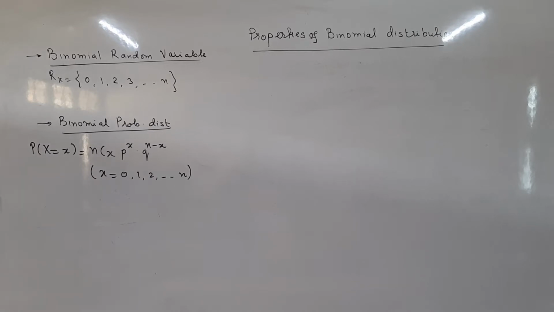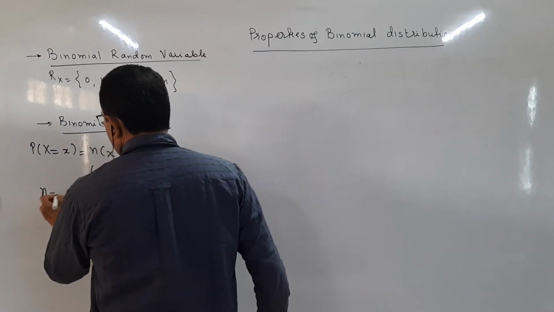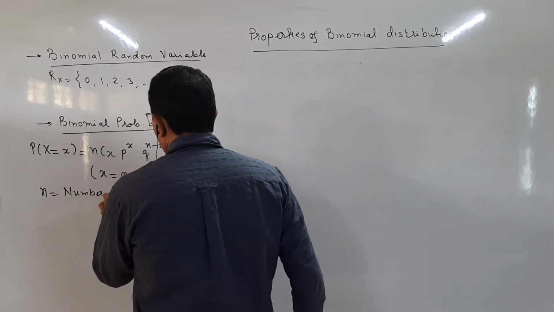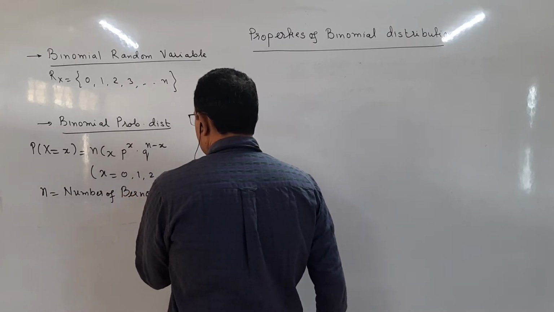In this formula, let us elaborate each term. n is equal to number of Bernoulli trials.